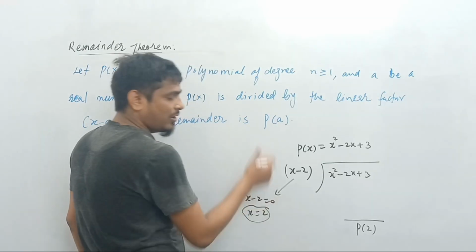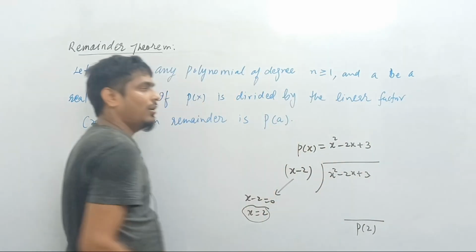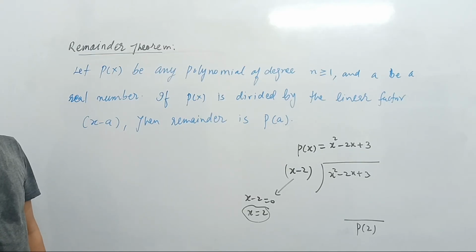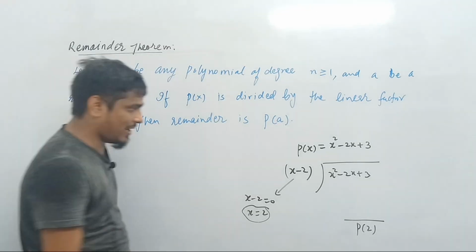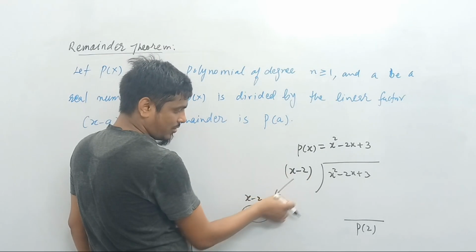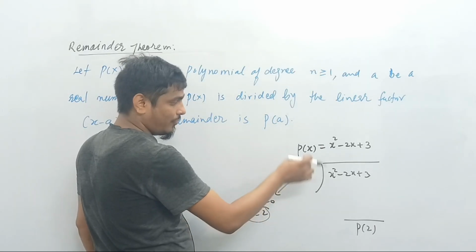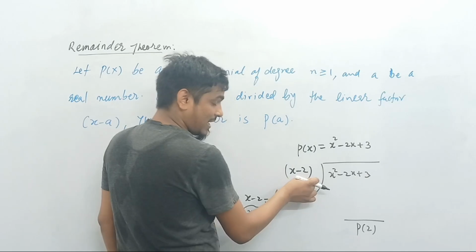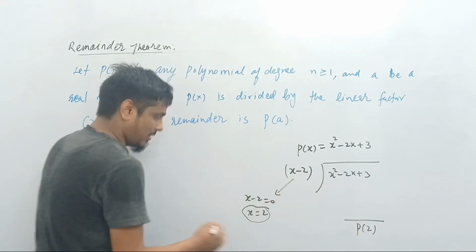At this value, the polynomial value will be nothing but the remainder. So as we are getting x equal to 2, when we divide x square minus 2x plus 3 by x minus 2, the remainder will be nothing but P(2).